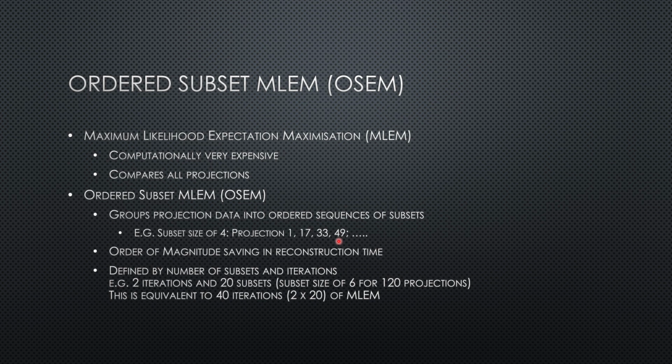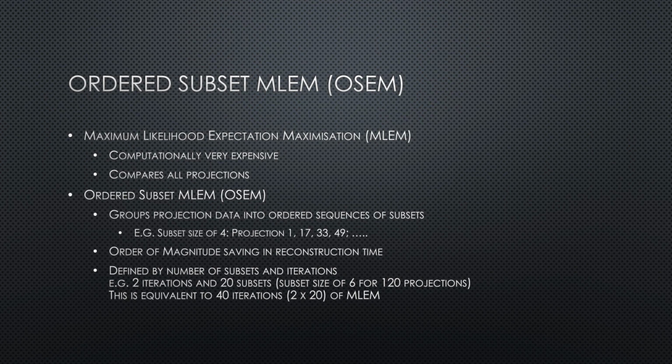And then we'll work through each subset. So we take the next bunch of subsets, etc., until we get the full iteration. So then we repeat that for the next iteration and go on like this. And what that actually gives us is an order of magnitude saving in reconstruction time.